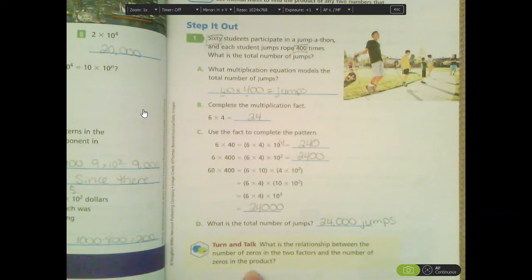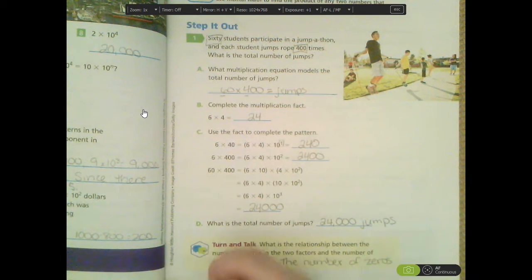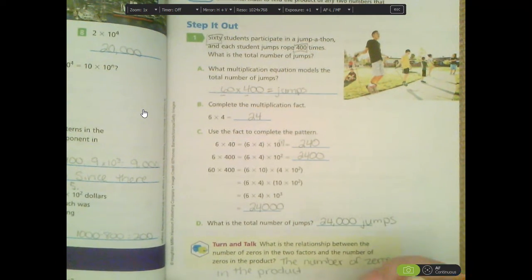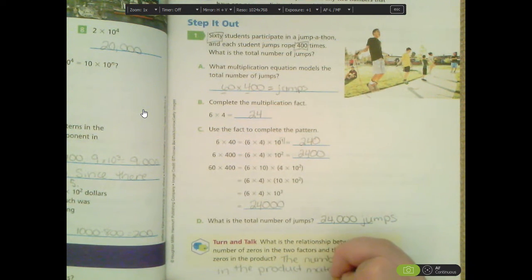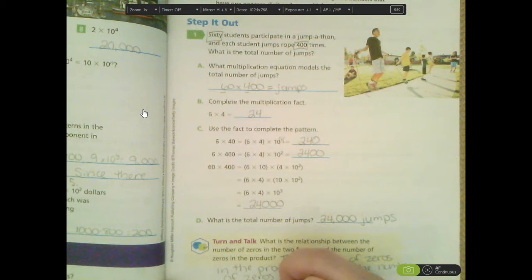Well, the number of zeros in the product matches the number of zeros in the two factors combined.